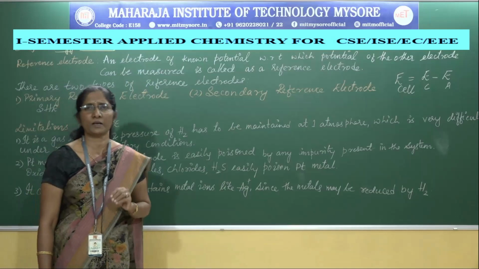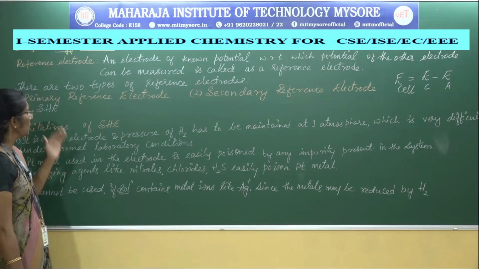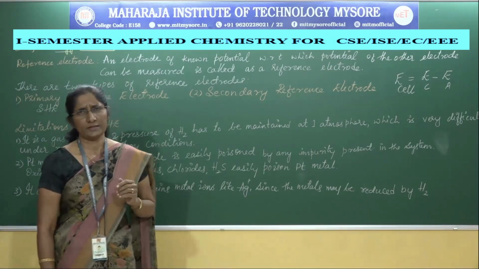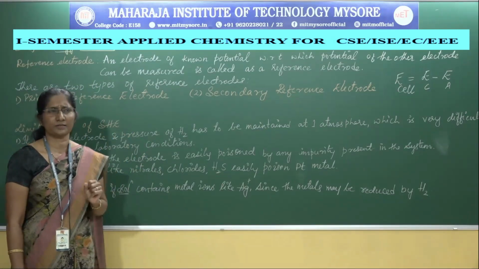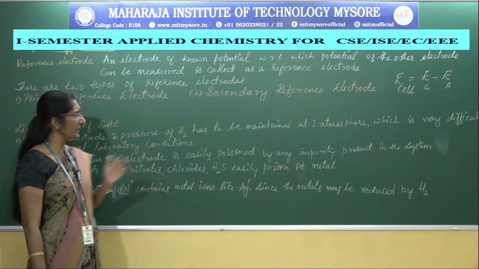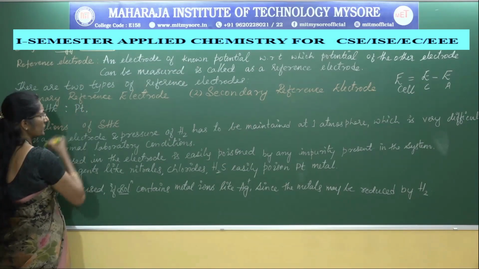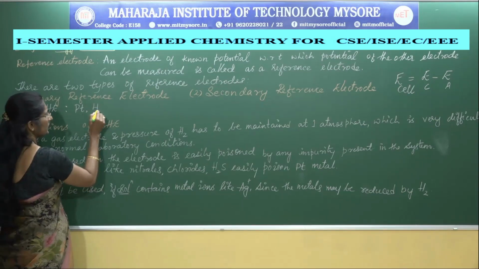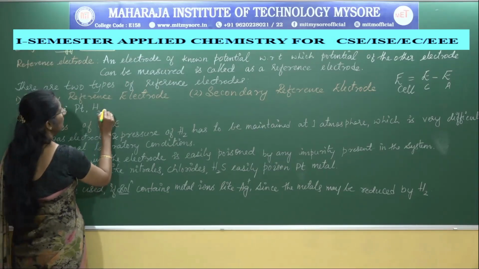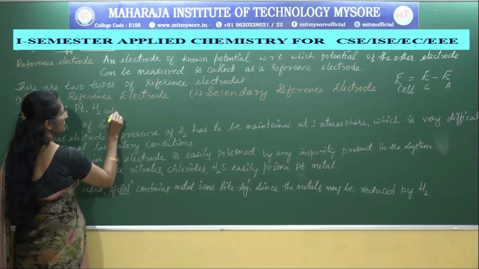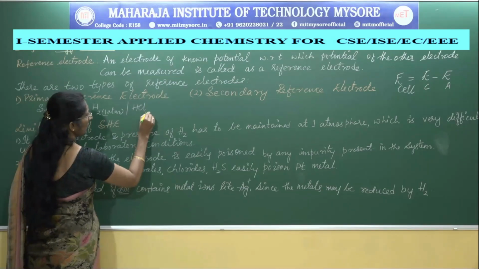It consists of an inert metal like platinum dipped in a 1 molar hydrogen ion solution, and hydrogen gas at 1 atmosphere is continuously bubbled over it. It is represented as a platinum foil in contact with HCl solution, with hydrogen gas bubbled over it.